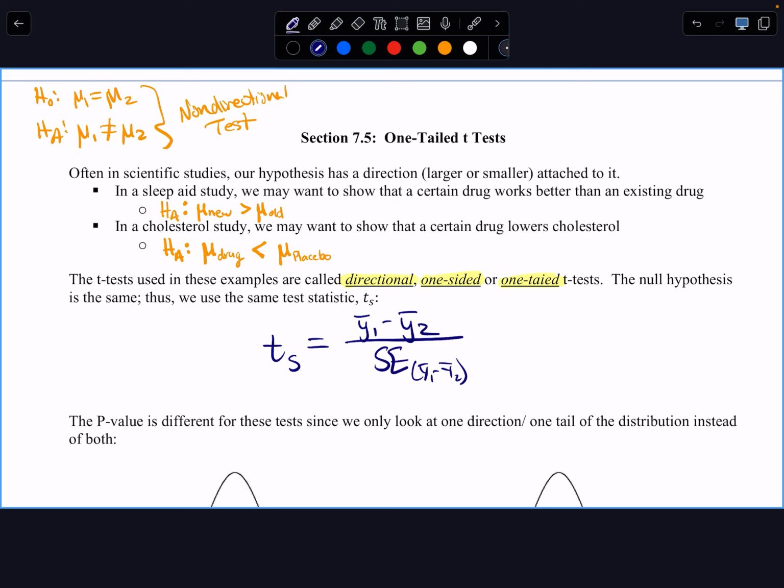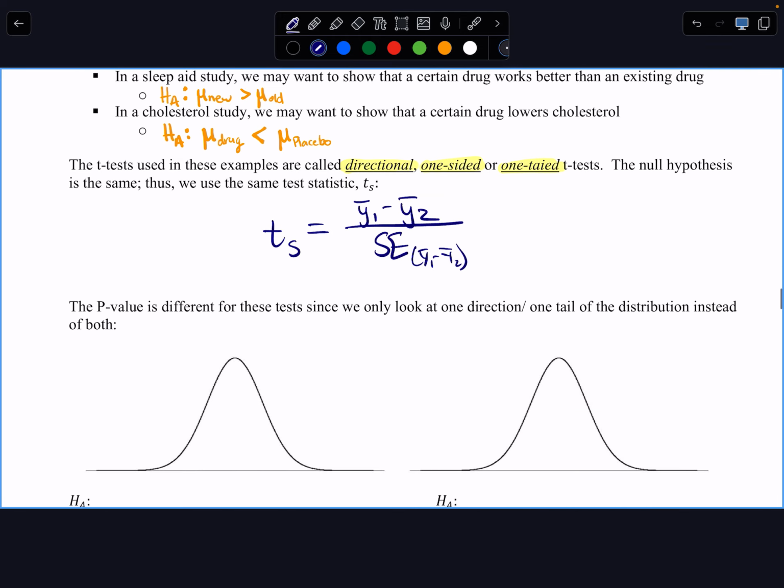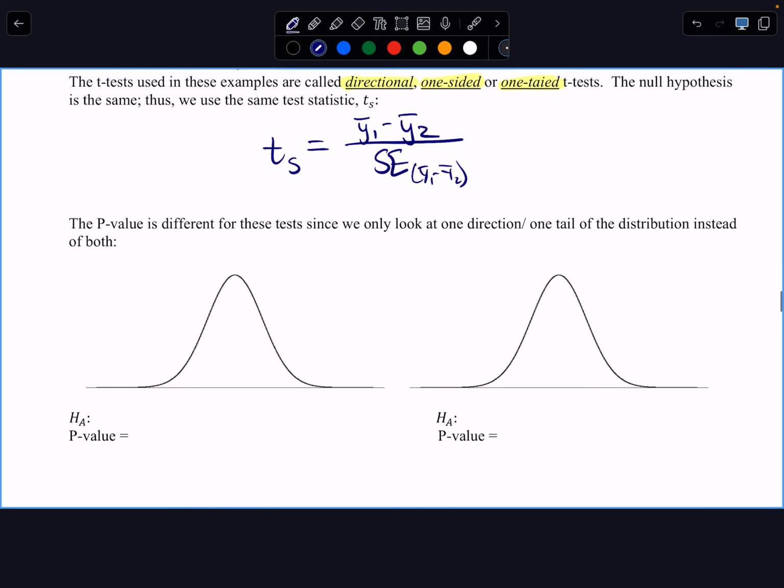Well, when we go to calculate our p-value, when our alternative is mu1 minus mu2, I'm just going to do the other way. Mu1 is greater than mu2. In order to calculate our p-value, we go to our t distribution. Now, let's think here, all right?